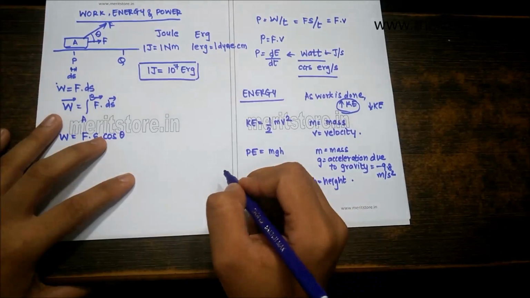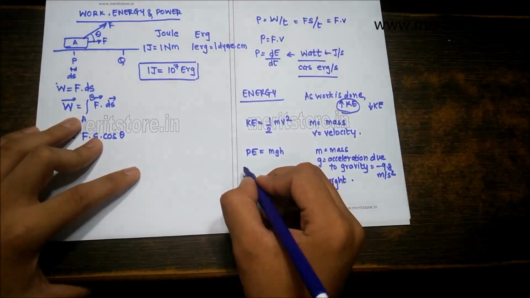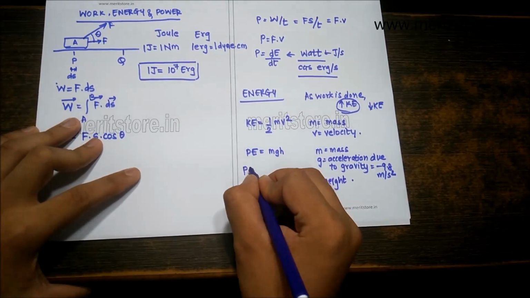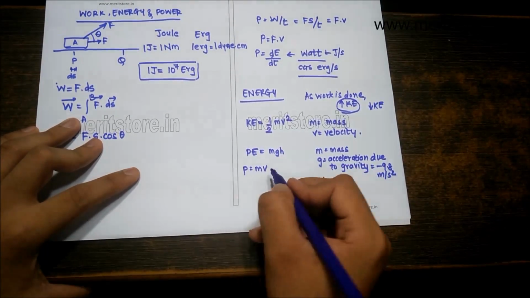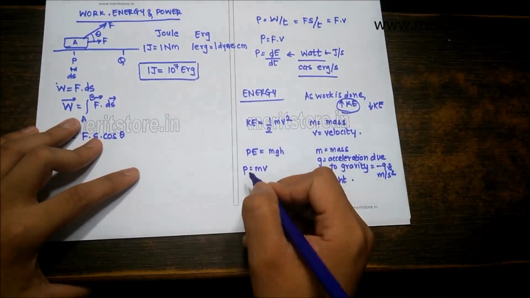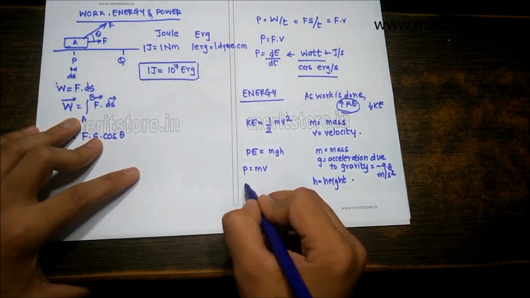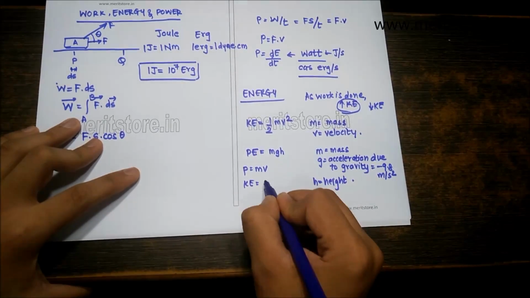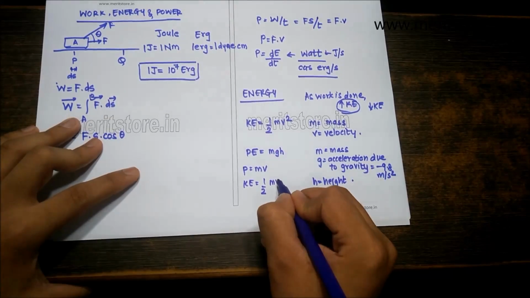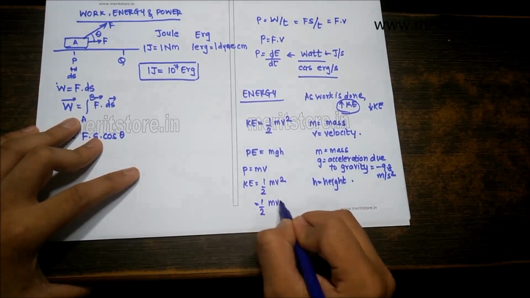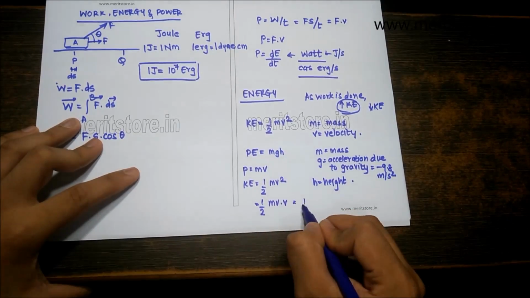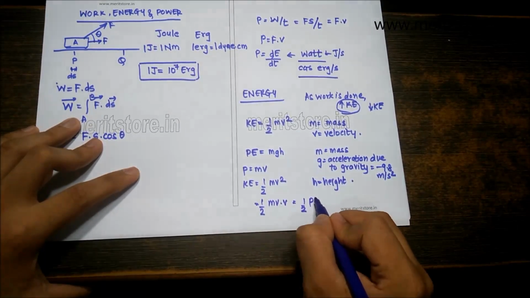So the relation between kinetic energy and momentum. Now we know momentum is P, which can be given by mv. So the relation between kinetic energy and momentum is, so we have Ke is equal to half mv squared, that is equal to half mv into v, which is half P times v.